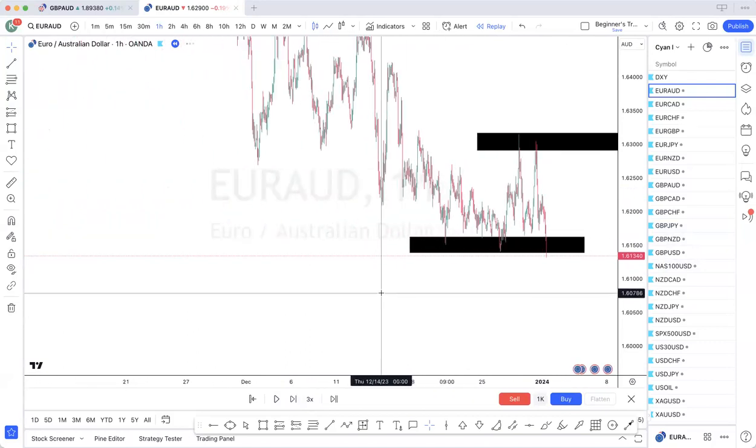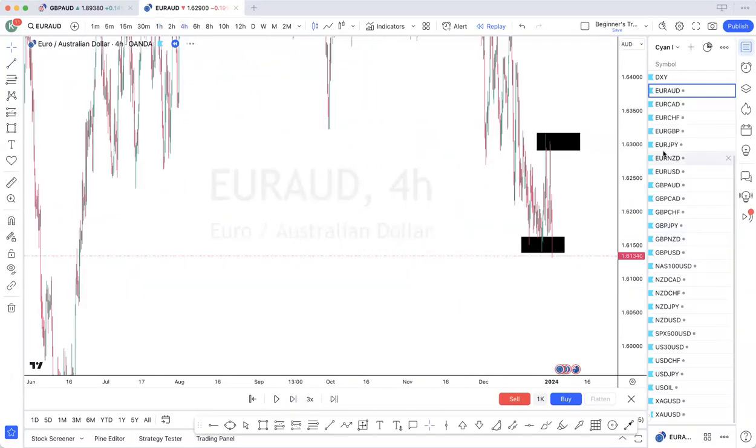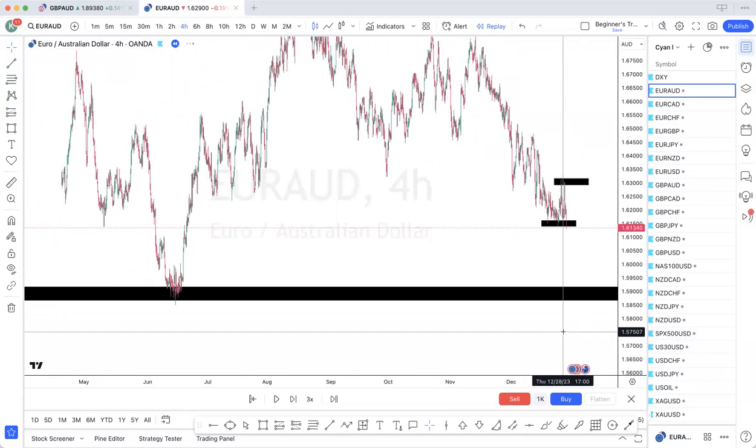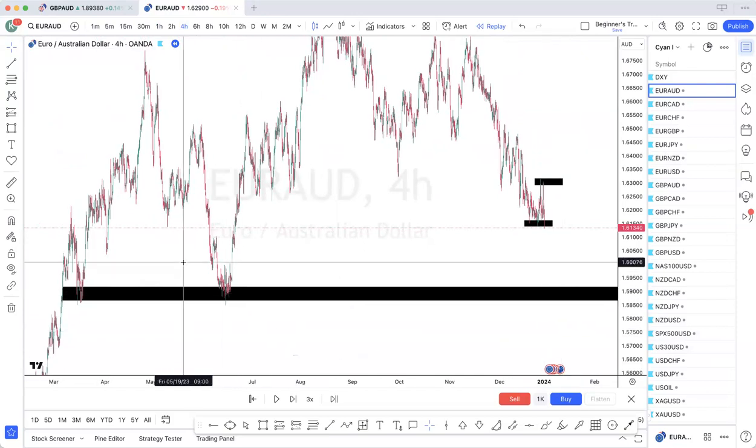So now that it has broken that low, let me go back to the 4 hours so I can look at a better view.